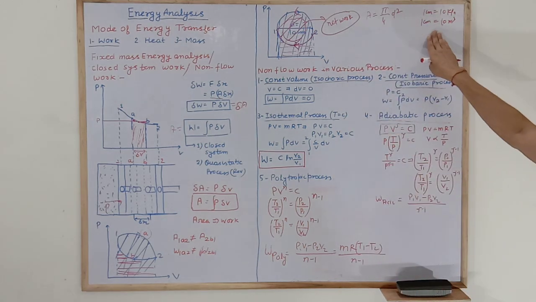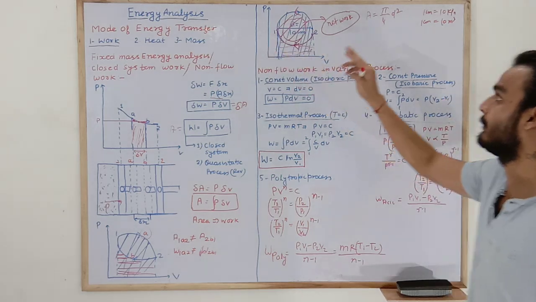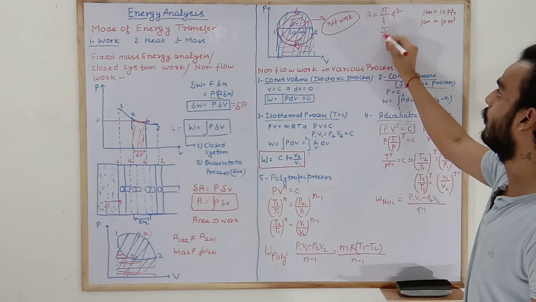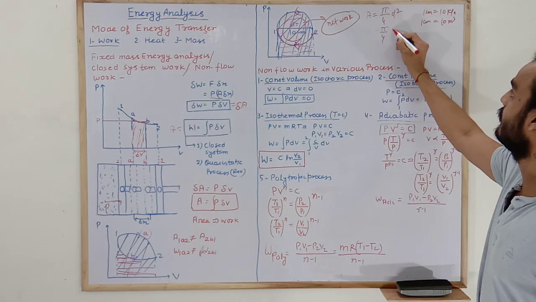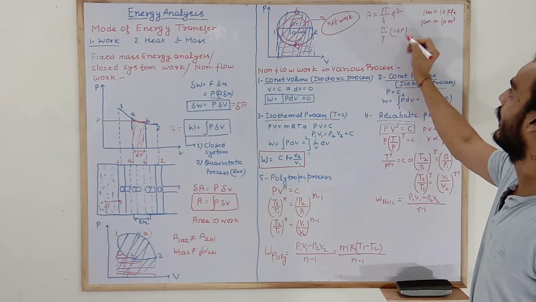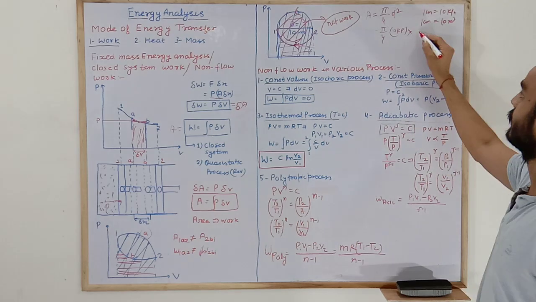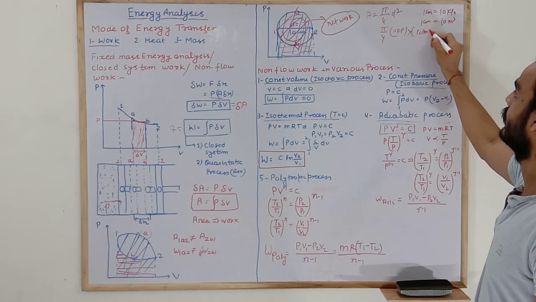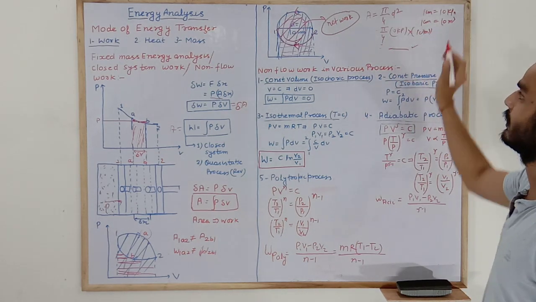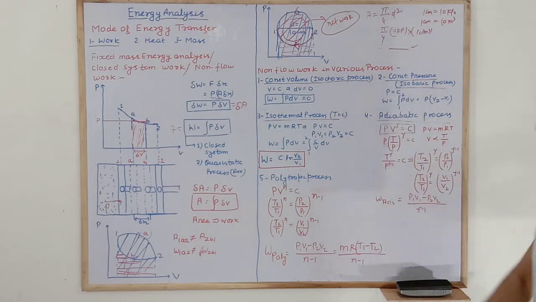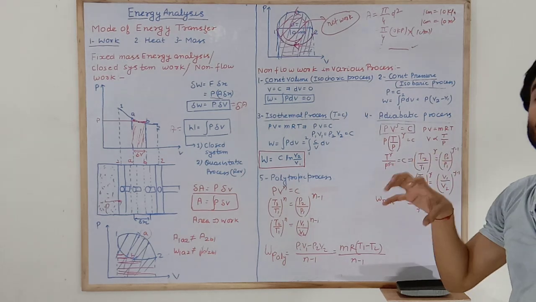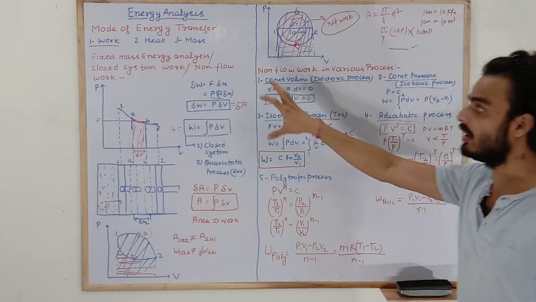Now put in pi by 4 d: first d for pressure, 10 kilopascal, and into d for volume, 10 meter cube. So we will get the answer. This is the way you can calculate the area. Be careful, the scale will be given in the question. So this is all about work.